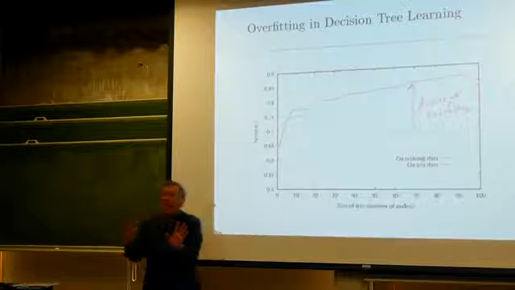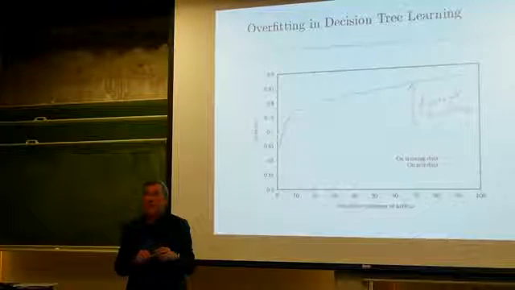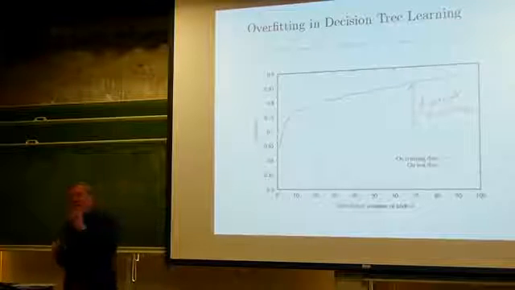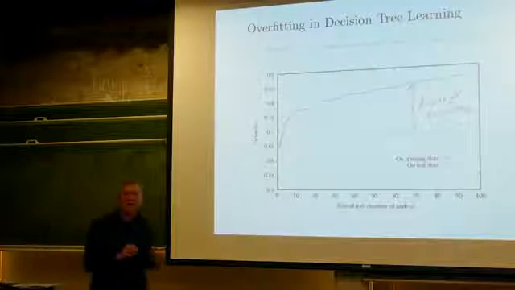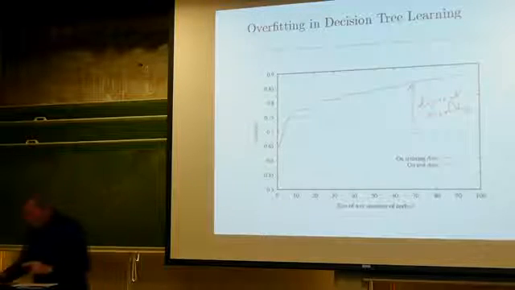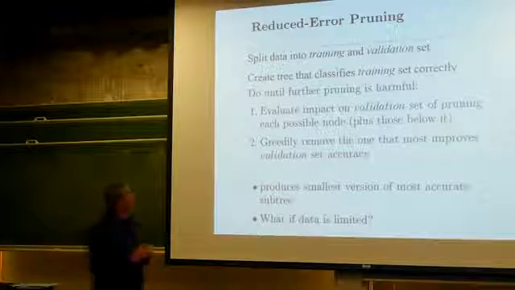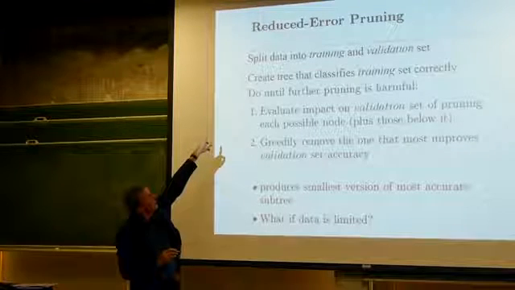And that's not uncommon. So people do that. In fact, a slightly more common way of doing this in decision tree learning in particular is what's called reduced error pruning. And the idea is this.